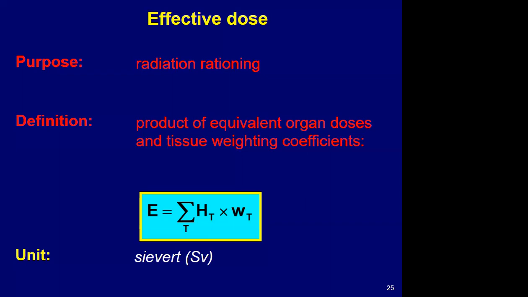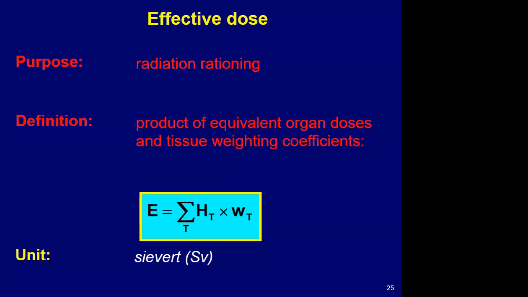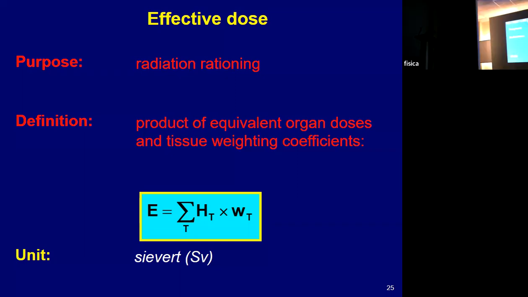And ultimately, it should be applicable to assess risk arising from a wide range of exposure conditions. So the ICRP proposed to use the effective equivalent dose, or effective dose, as such a value.